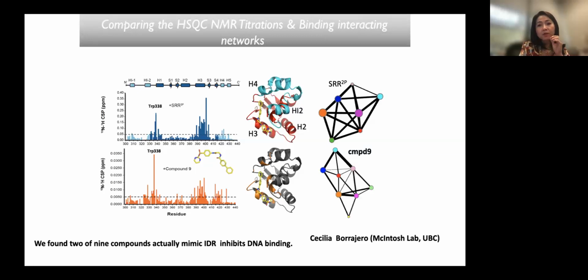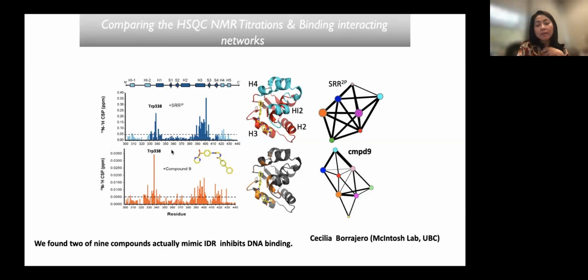We compared the results of these protocols with NMR, and these are the HSQC NMR titrations showing the chemical perturbations, which show that in the autoinhibited state, when you titrate in the phosphorylated disordered part to the DNA binding domain, they do bind.